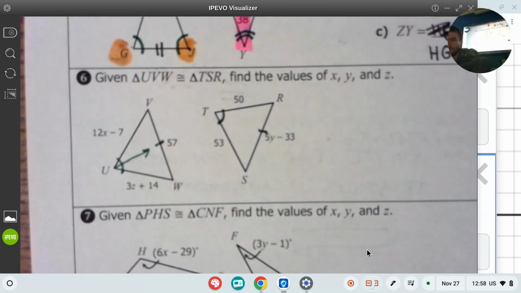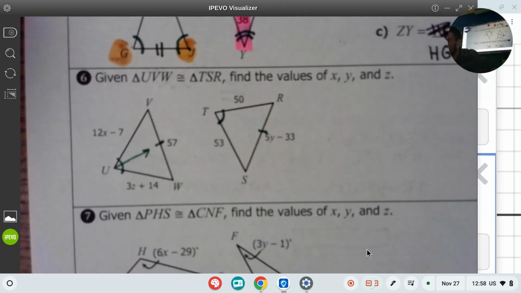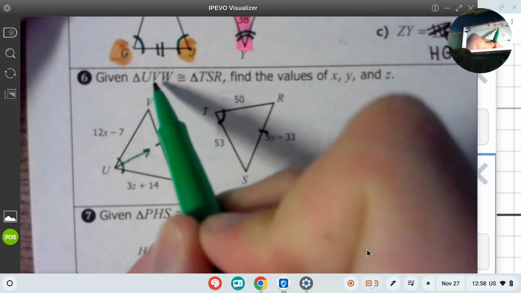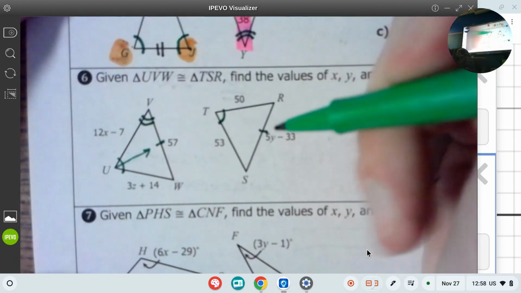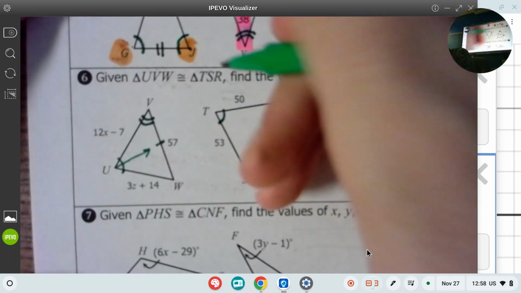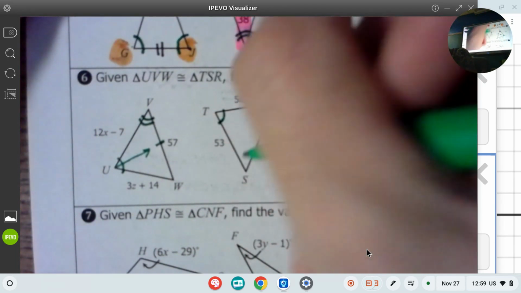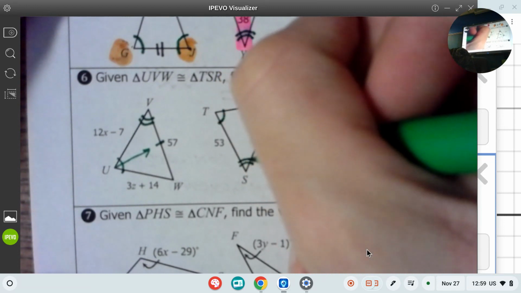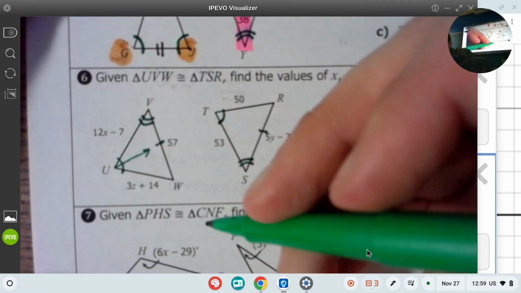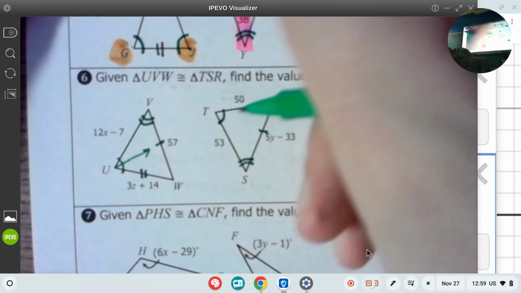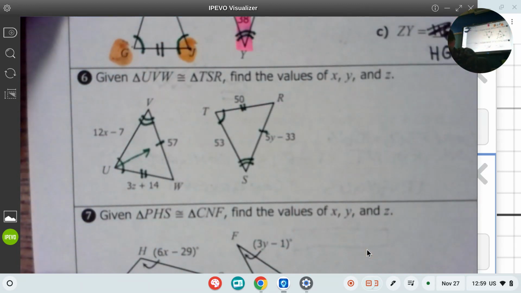And that makes it a really quick, really easy way to do this. The middle one is V, so let's put a double curve on the V. The middle angle is the S, so let's put a double curve on there. And then let's go straight across, and put the double slash and the double slash.